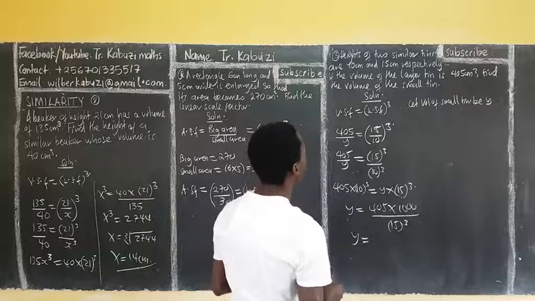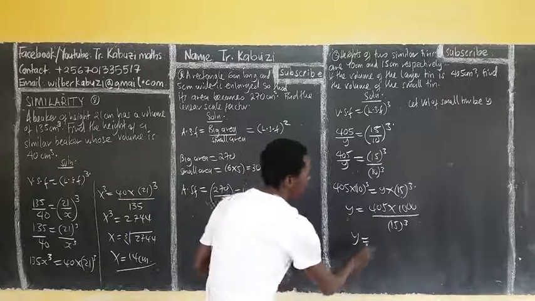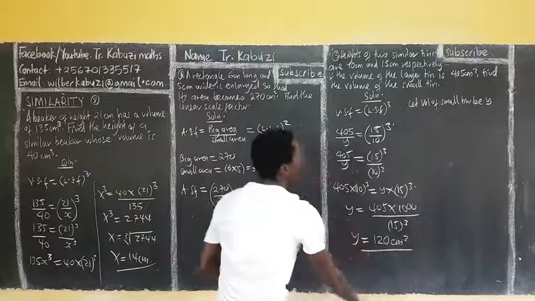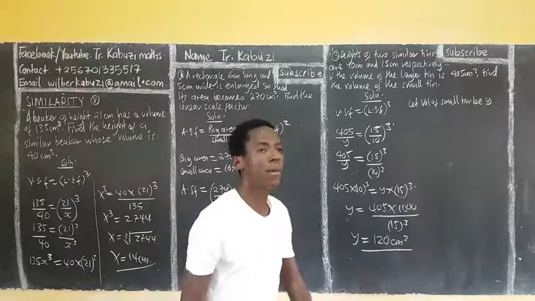The answer here I'm getting is 120 cubic centimeters. And so that's the volume of the other small tin.